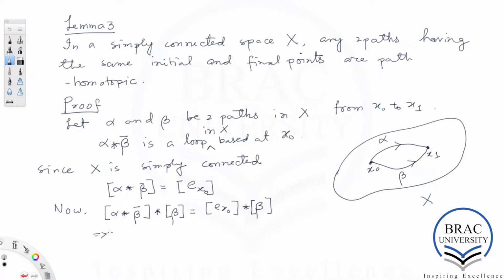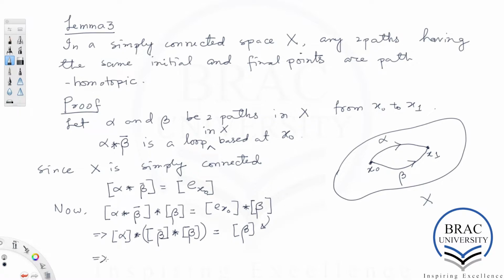By associativity, I can write alpha star beta bar star beta is equal to beta. This is what we can write using theorem 1 from lecture 1.